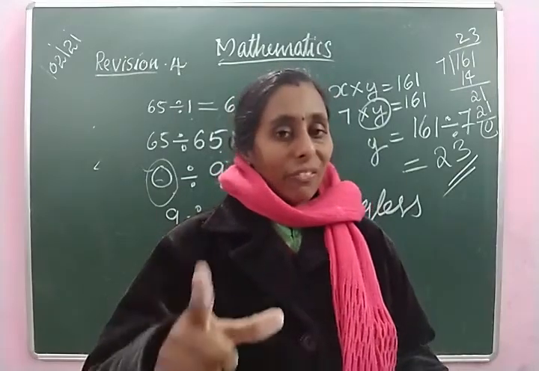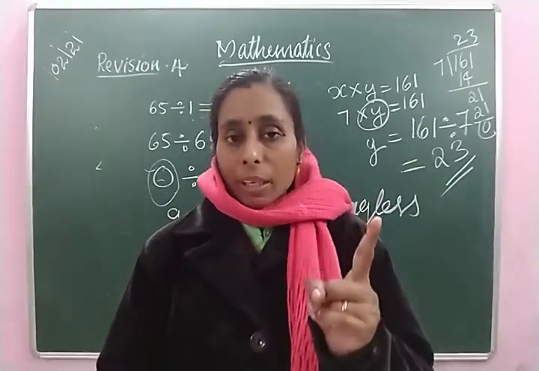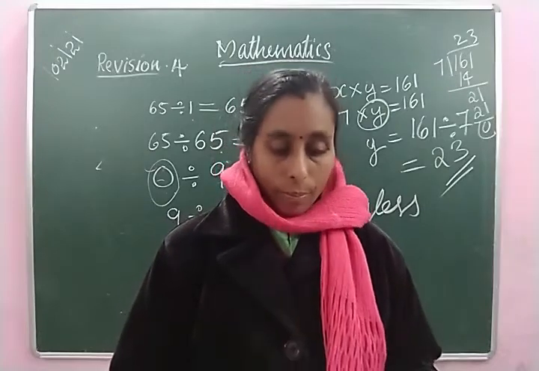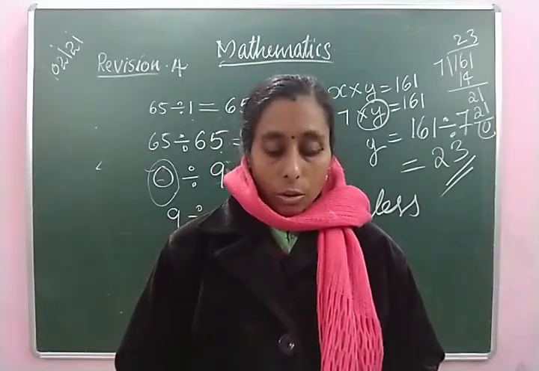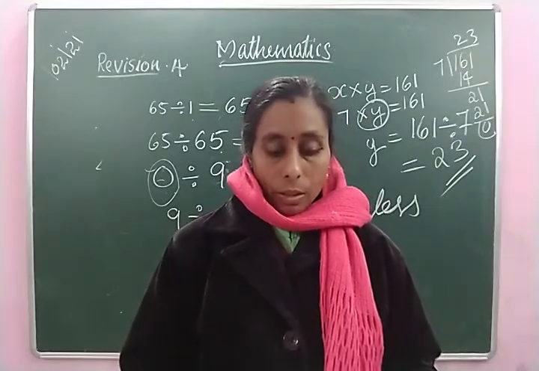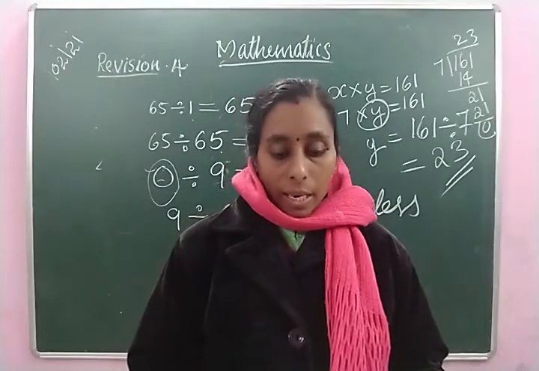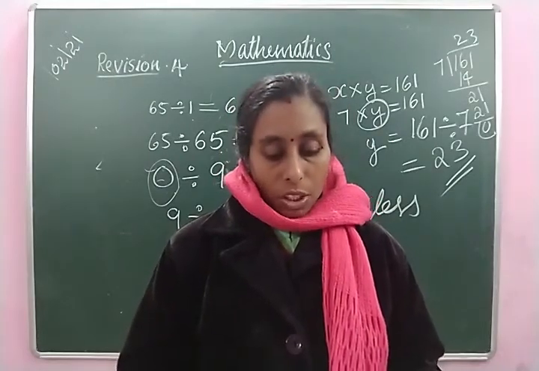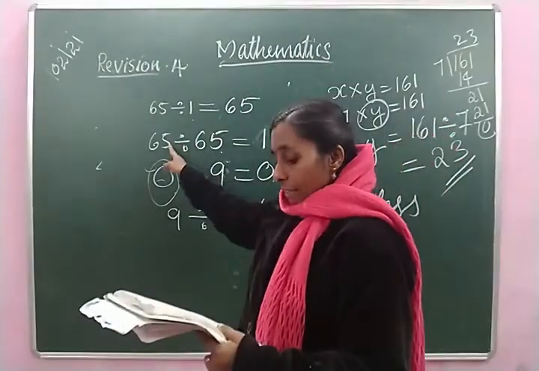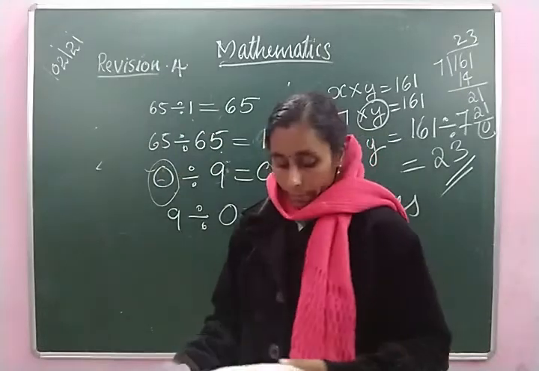So the one's place digit remains as the remainder. Which number is in the one's place? 8. What is the answer? 8. Dividend is equal to quotient into divisor plus remainder. When the divisor is the same as the dividend, the quotient will be 1. Just now we learned that when the divisor is the same as the dividend, the quotient will be 1.